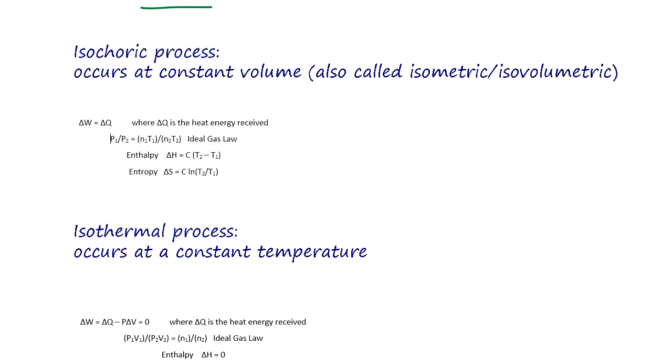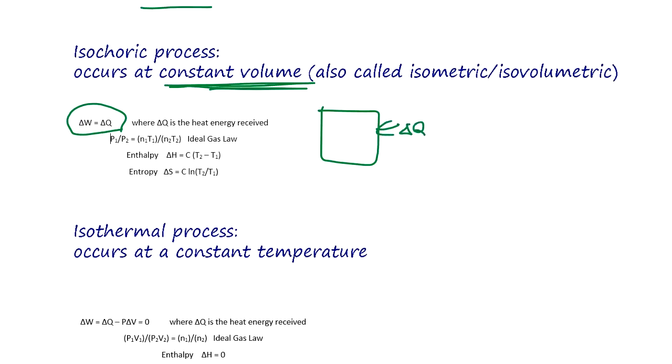Isochoric process, this one is constant volume. This one also you give heat to the process and keep the volume fixed. Internal pressure increases by the additional heat energy. This is a heater.